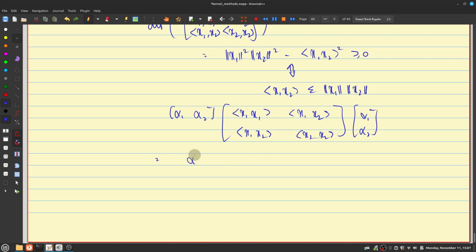Great. So what does this boil down to? Or let me try to do this more generally. If I take, say, vector alpha transpose times matrix K times alpha, what is this equal to?